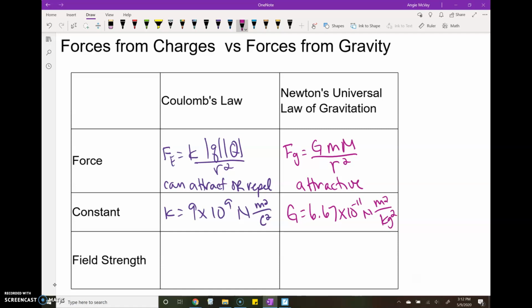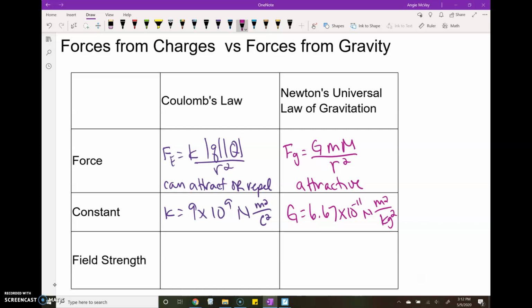And you should see that Coulomb's constant is way, way, way, way bigger than the universal gravity constant, which means forces between charges are much more significant compared to gravitational forces.